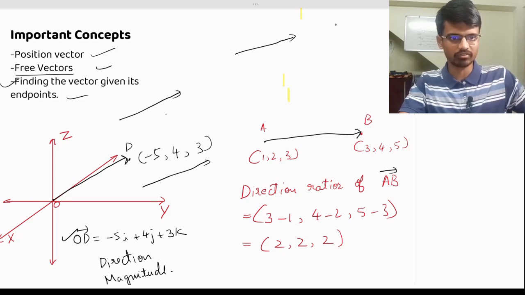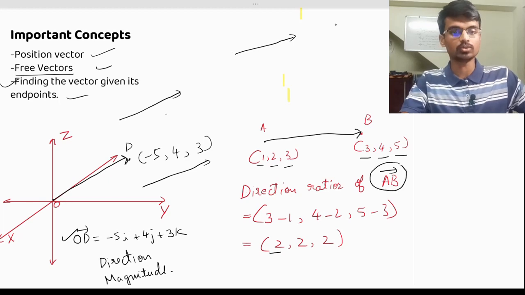See, 3 minus 1, that is 2, 4 minus 2, that is 2, and 5 minus 3 is 2. So corresponding components we will subtract. This will give us the direction ratios of vector AB. We will be using this technique frequently. Given any 2 points, we will be finding the direction ratios of that vector.